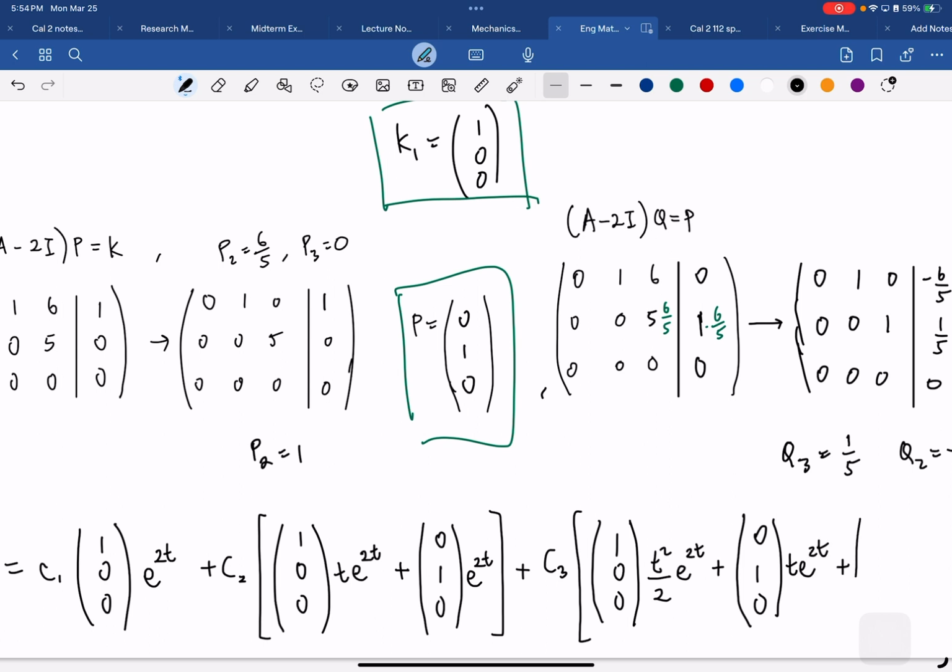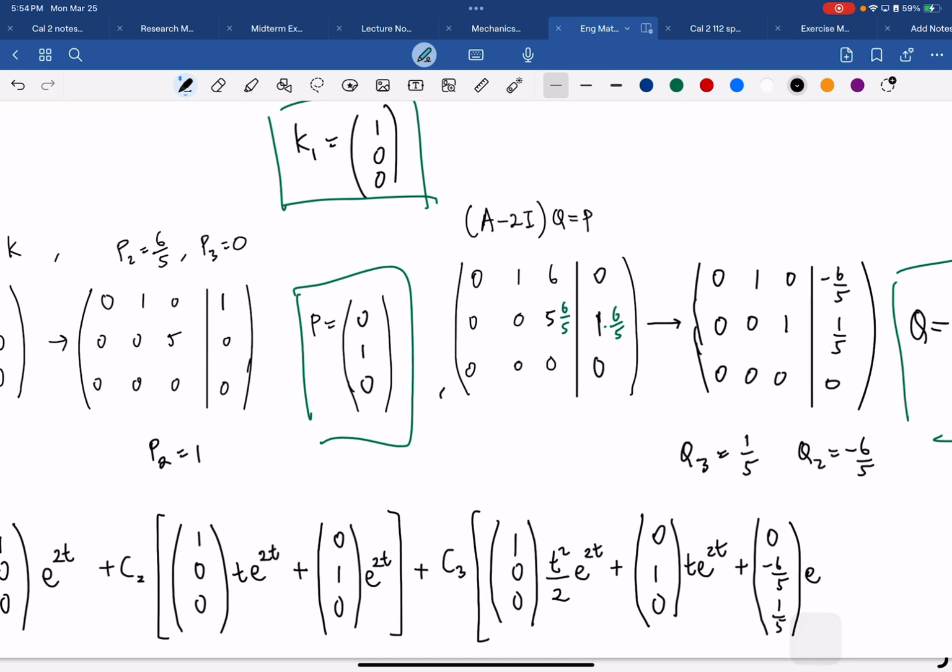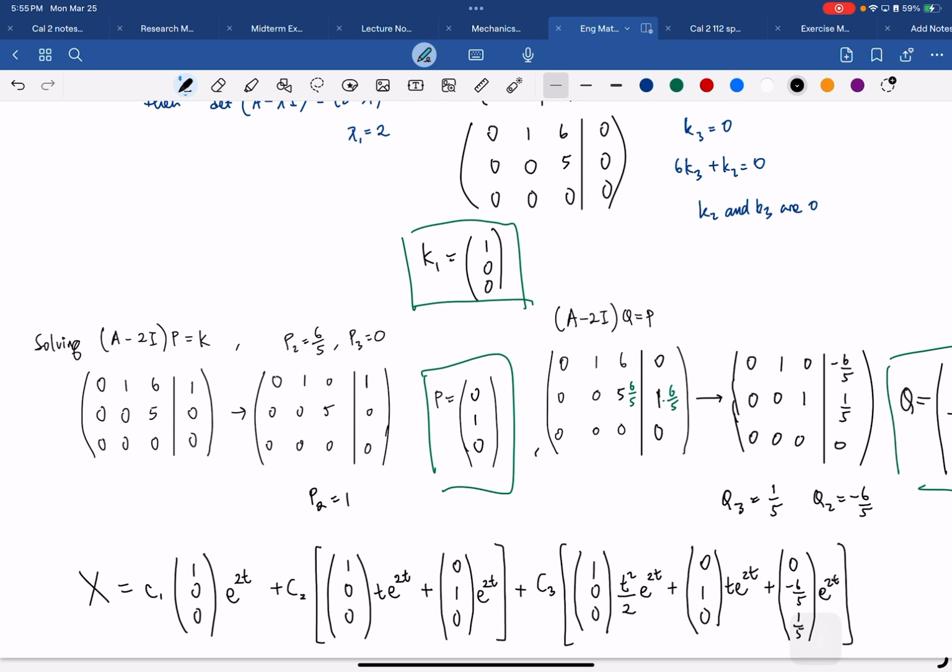And then the last one will be 0, and this will be e to t. And then close bracket. Okay, that's the solutions.